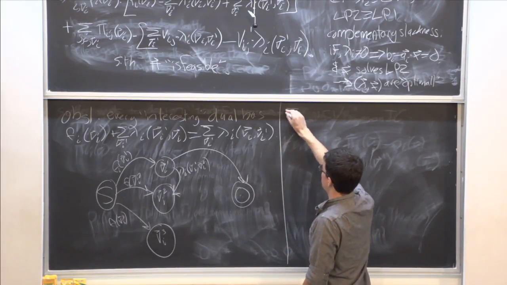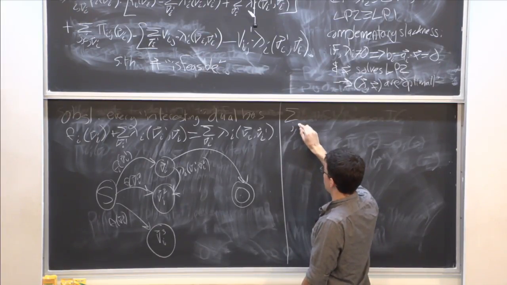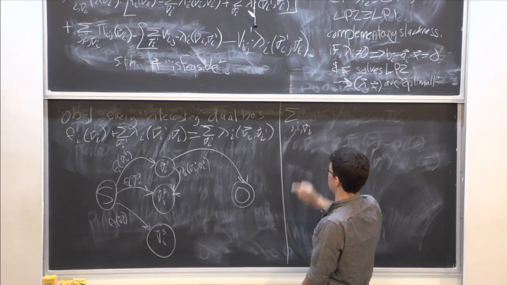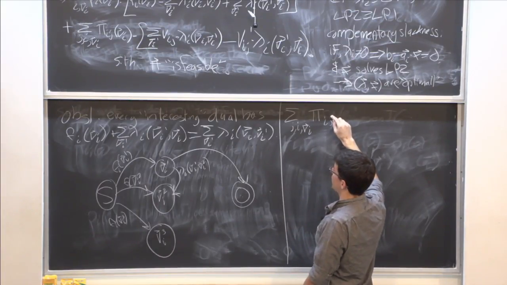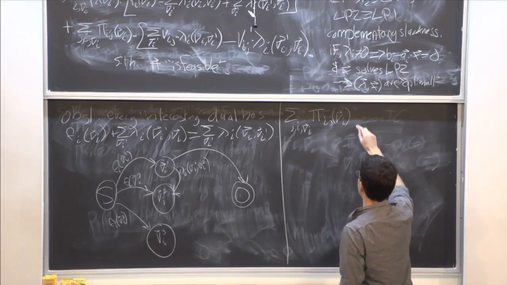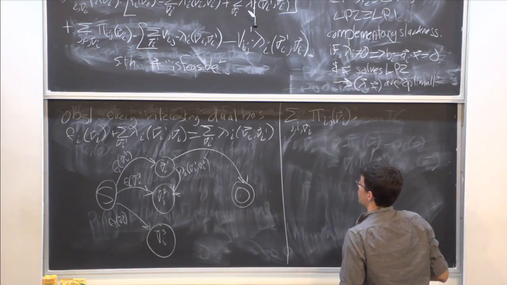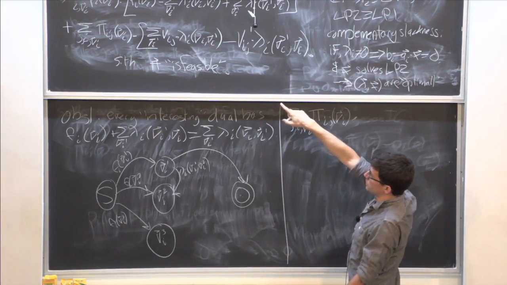And so that's going to be sum over all j, sum over all i, sum over all vi, pi ij of vi times. Okay, so let's see what substitution we have.